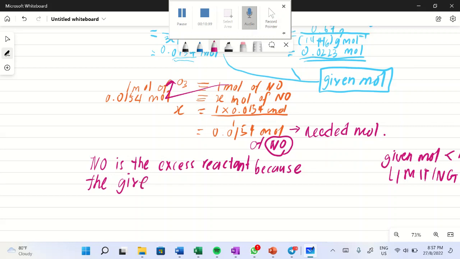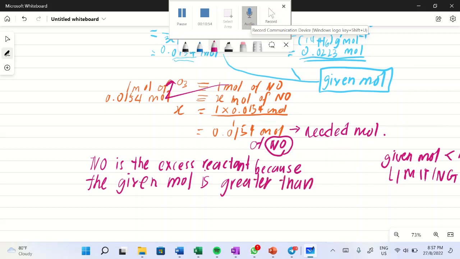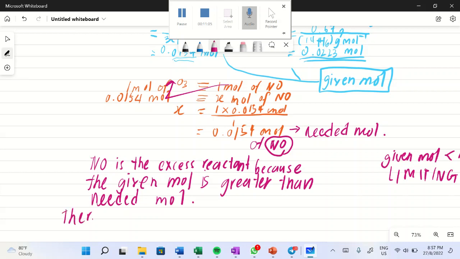It's the same thing. Therefore, the opposite one, O3, is the limiting reactant.